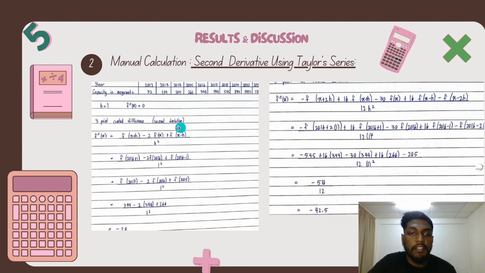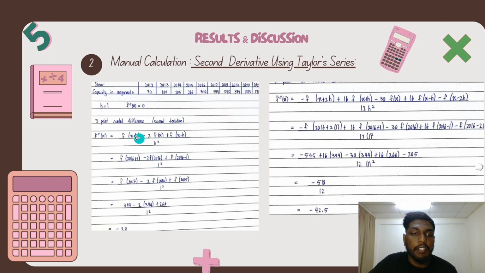So the formula is f(x plus h) minus 2 times f(x) plus f(x minus h) over h to the power of 2. After that we just substitute the values. Because 2016 is our x, this one is x plus h and x plus 2h, and this one is x minus h and x minus 2h, and so on.